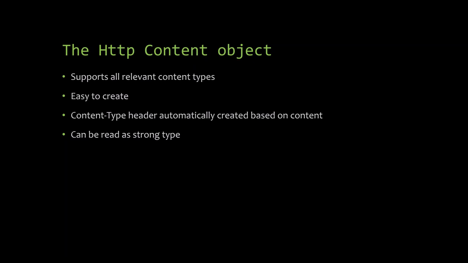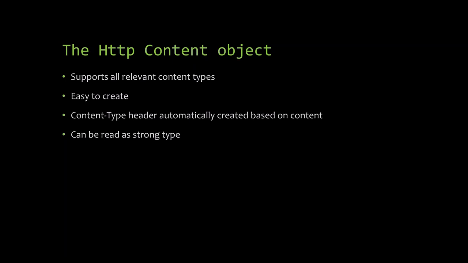People are always struggling with that because they try to set the content type header on the wrong place or forget to remove it before they set it, etc. This HTTP content object is handling that for you.